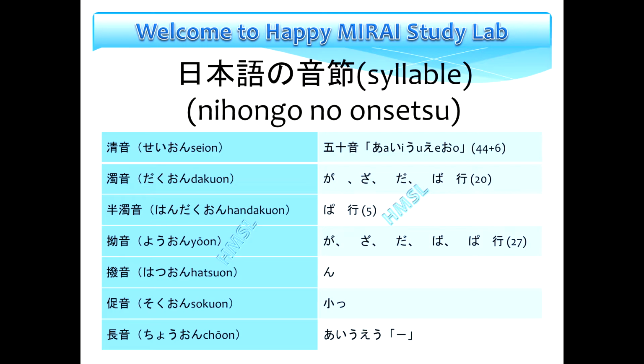All right, so the Japanese syllable, we call it 日本語の音節. If you notice the English alphabet, in the brackets, those are the Romaji. Maybe you already know Romaji. One explanation of Romaji is that it represents the Japanese pronunciation using the Western alphabet.